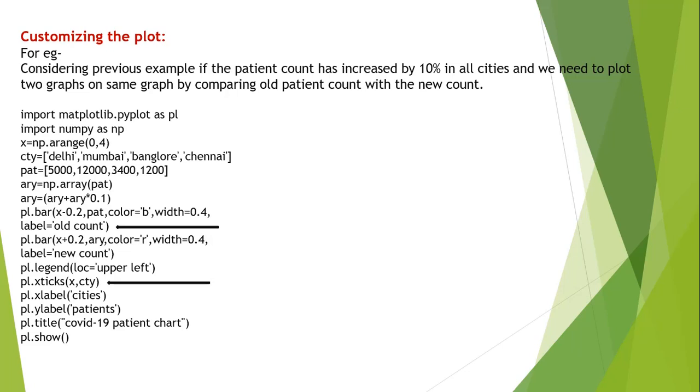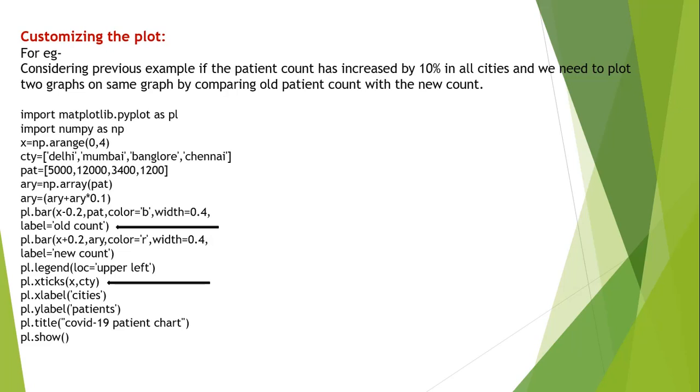Moving further, here we are having plt.xticks(x, cty). X comma cty is representing the x ticks. That means x ticks are the values on the x-axis, the markings on the x-axis. So right now we are having x as np.arange(0, 4), so in x the values are 0 1 2 3. The markings will be 0 1 2 3, but we don't want the markings to be 0 1 2 3 on the x-axis.